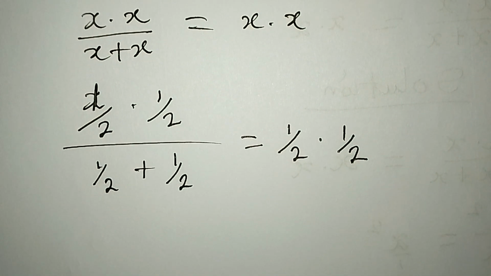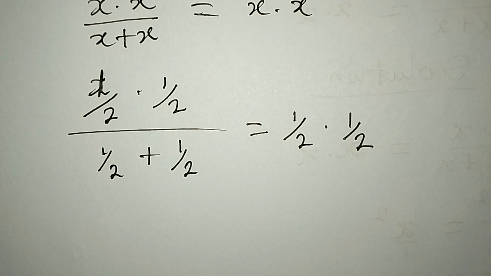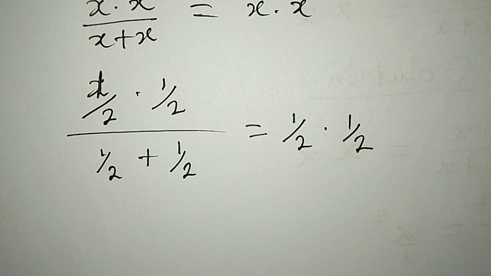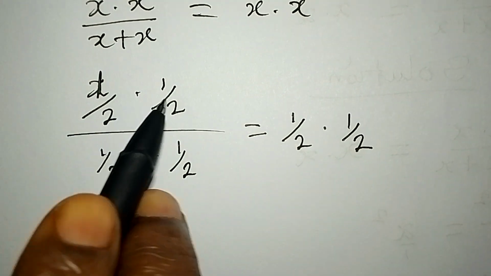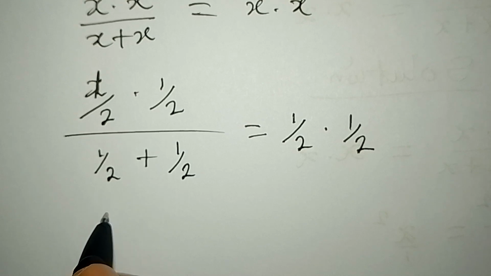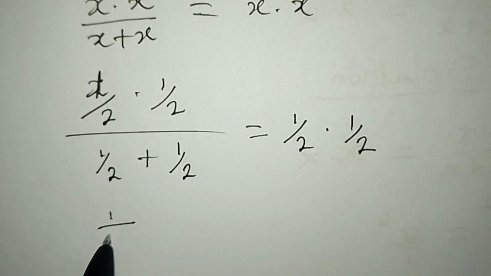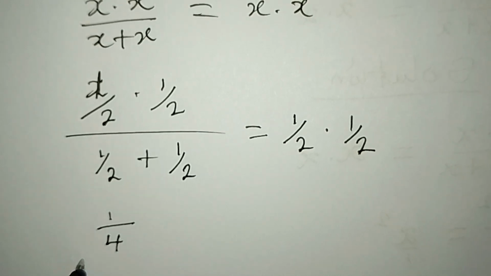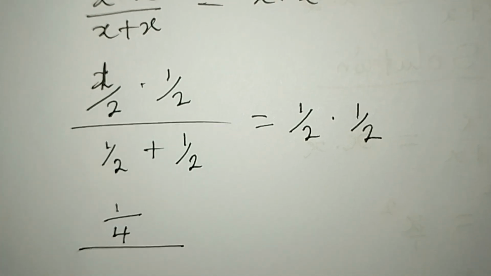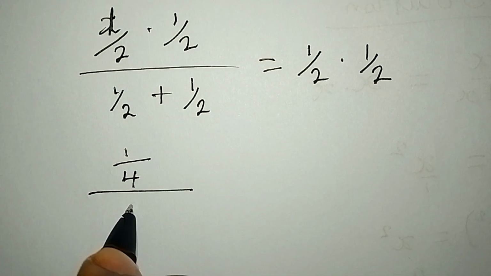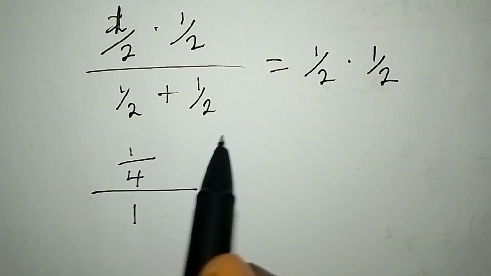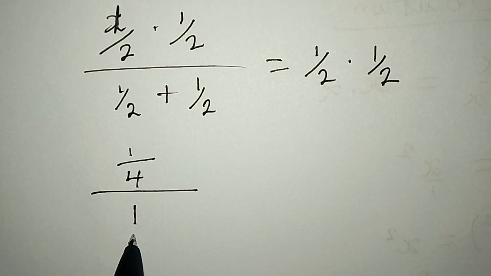This is a question. But then, look at one of the ways you will know they are the same thing. Now, 1 over 2 times 1 over 2 will give us 1 over 4, right? And we are dividing this by 1 over 2 plus 1 over 2, which is giving us 1. That is, half plus half will give 1, right?